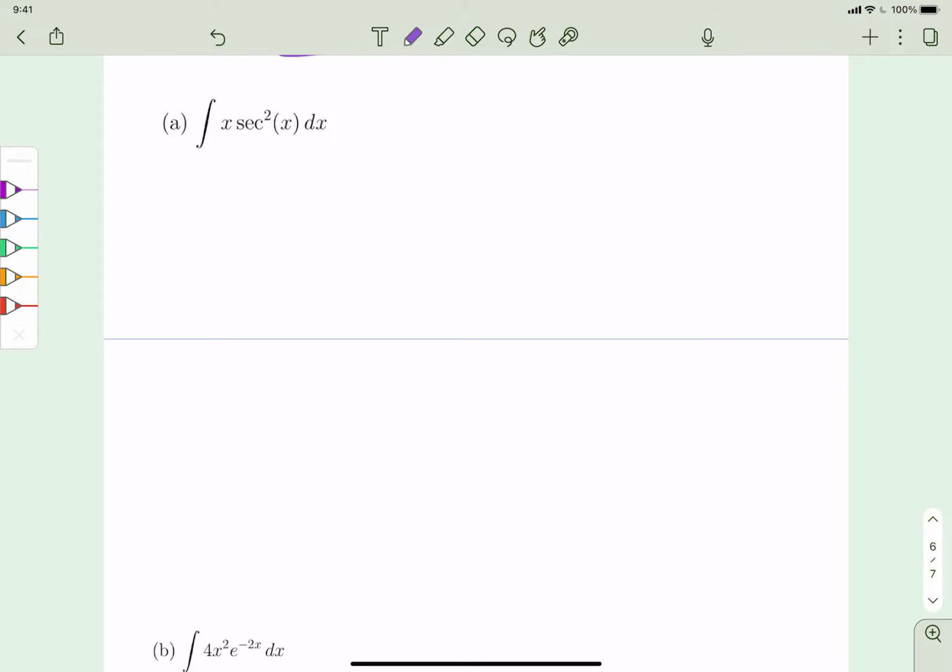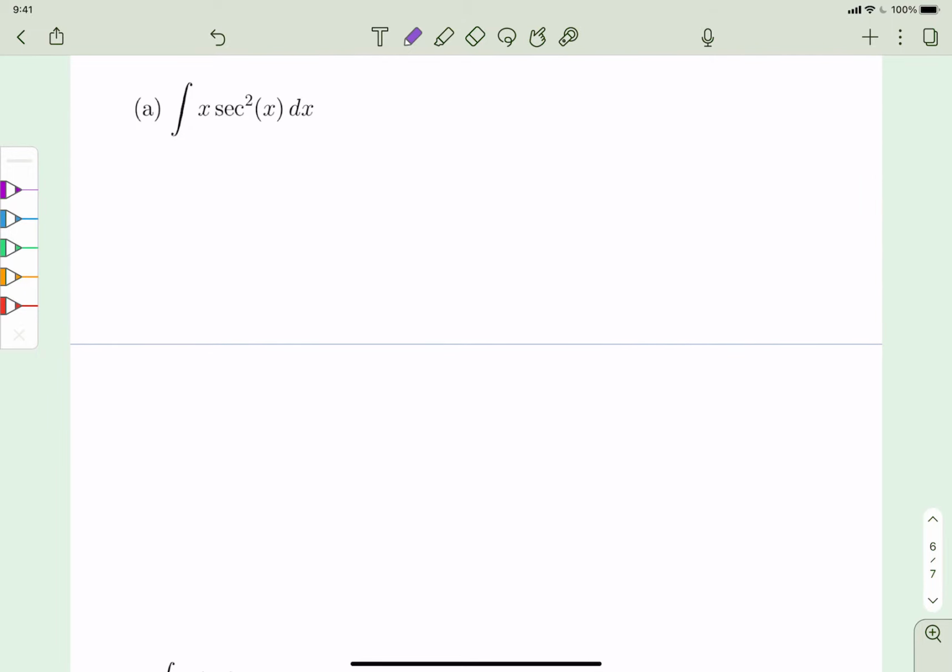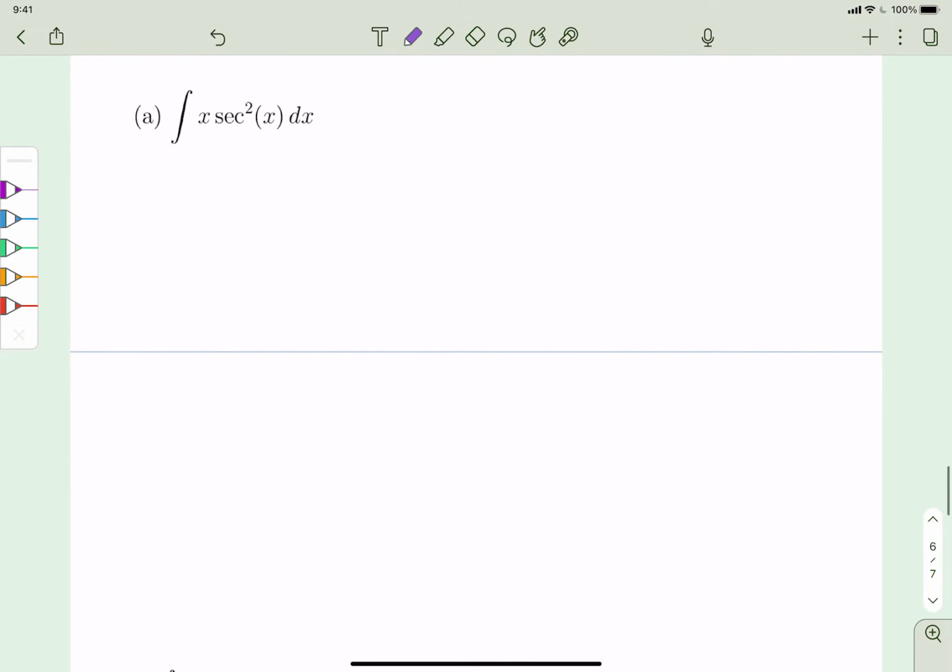It's hard to tell. It depends on experience, depends on your sense. So that is why we need lots of examples, or lots of practice here to help us acquire that kind of sense. So for this one, an important observation is that you need to notice this secant square is the derivative of tangent x.